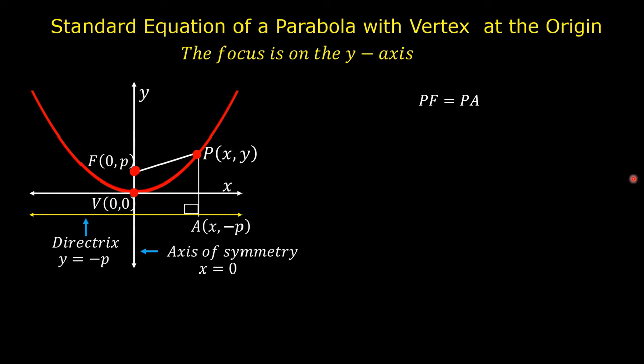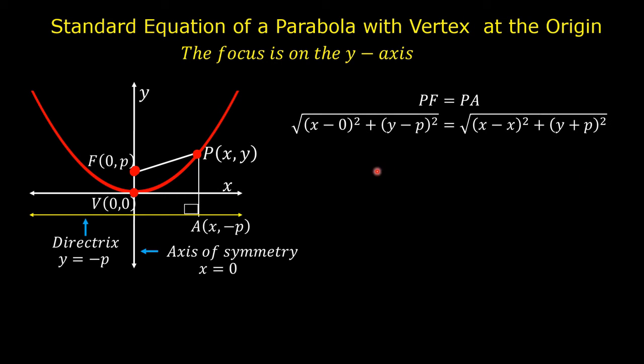Using the distance formula, we have the square root of the quantity (x minus 0) squared plus the quantity (y minus p) squared is equal to the square root of the quantity (x minus x) squared plus the quantity (y plus p) squared.